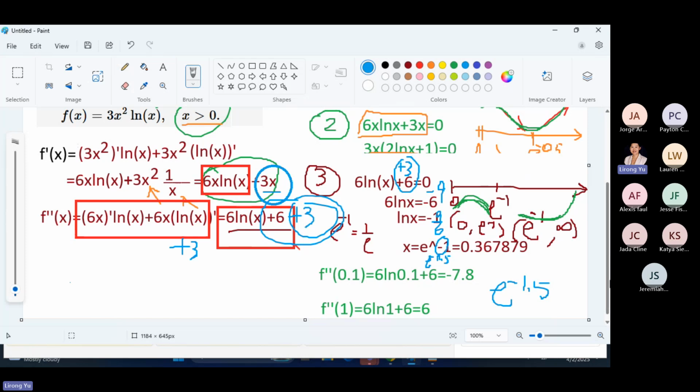The second derivative is supposed to be the derivative of the first derivative, but I differentiated the 6x times natural log of x and forgot to differentiate the 3x. That was the one that's missing. I thought I was careful because I was trying to write slowly, but I still forgot to do more differentiation. Derivative of 3x is 3, but for the derivative of 6x natural log of x, we have to apply the product rule, which gives these 2 parts.